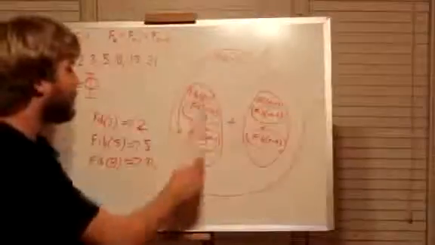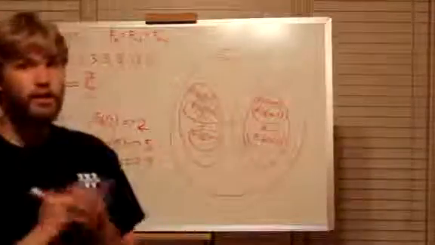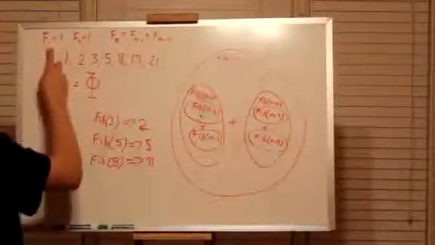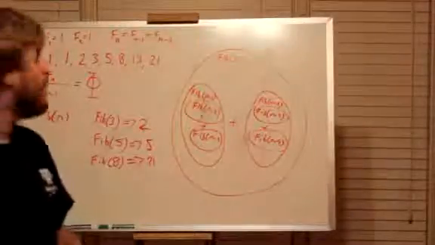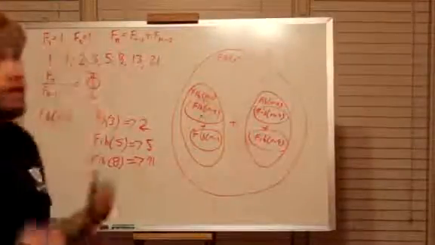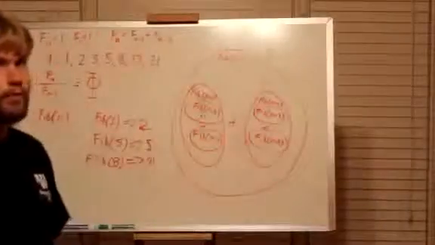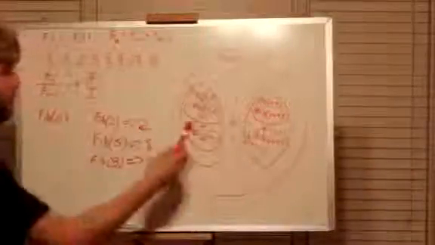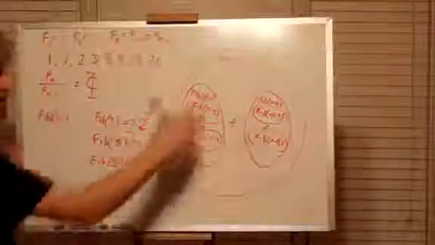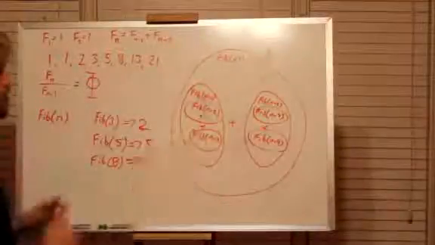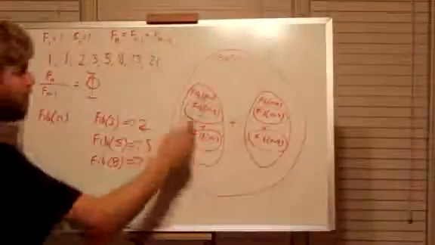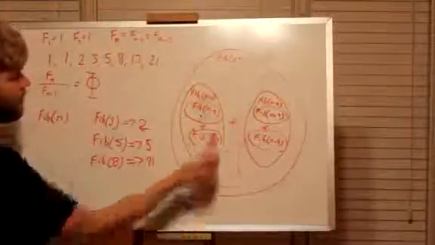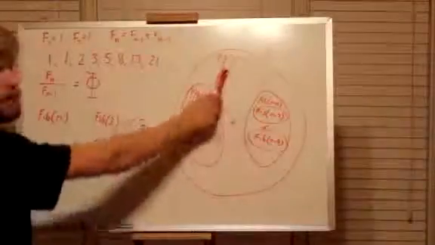It can't go into negative numbers, so eventually they'll reach f sub 1 or f sub 2, and we program it so that if it is f sub 1 or f sub 2, it'll give 1. Then you'd have it at the bottom of the sequence where it will have given 1, and then it'll go back up the ladder through all of these, giving the answers until we get the answer for fib n.